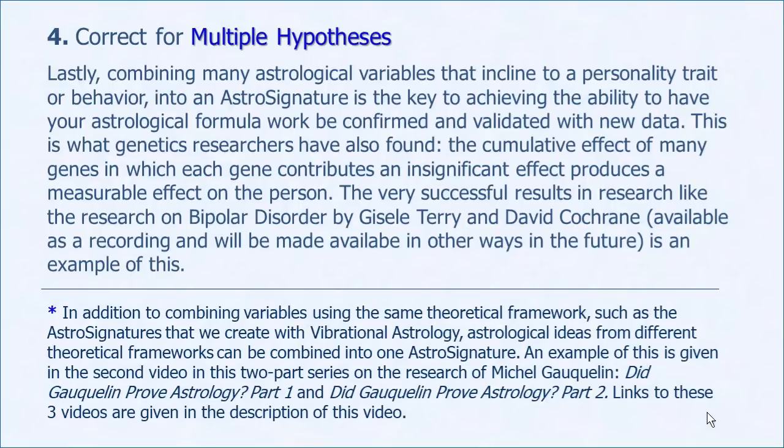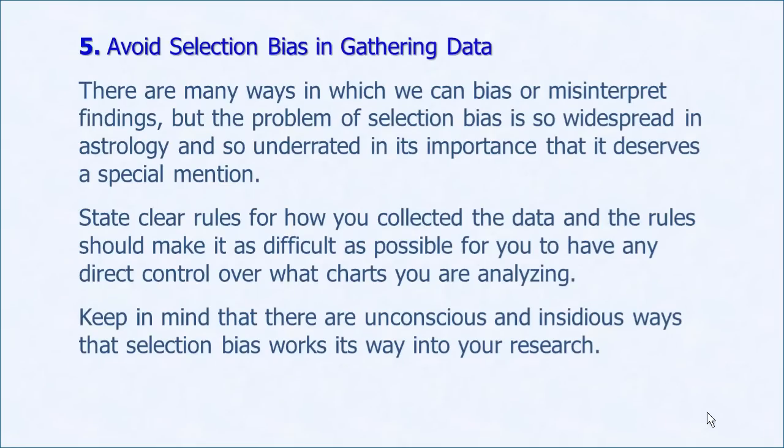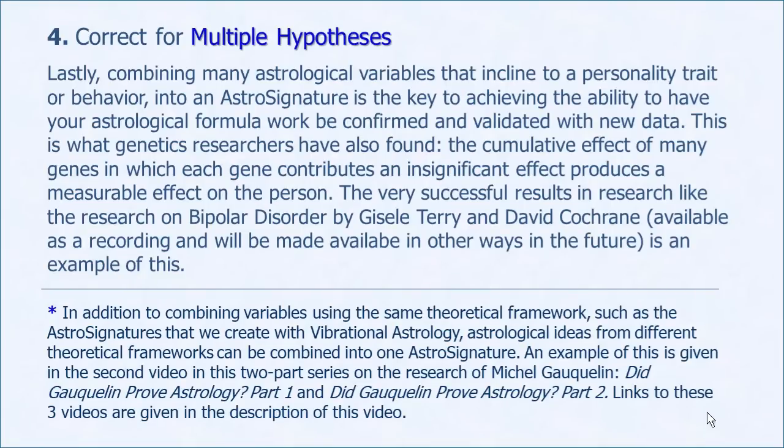And one more thing. I think this is my last slide. Yes, it is. This is my last slide on multiple hypotheses for this video. One more thing. This idea of AstroSignatures is really, really, totally awesomely cool. And it's also an idea that's used in genetics research. I mentioned that in one of the other videos.